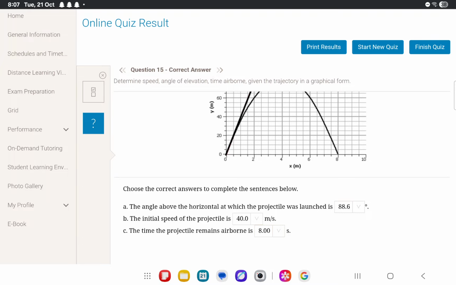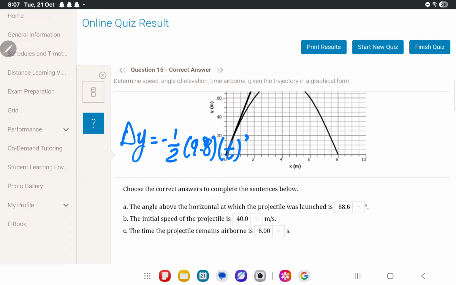Now, for the time that the projectile remains airborne, you're going to do delta y equals negative half g t squared, where they told you to use g as 9.8, plus v0 t, which is 40 sine 88.6, all multiplied by time. Now, this delta y is going to equal 0.